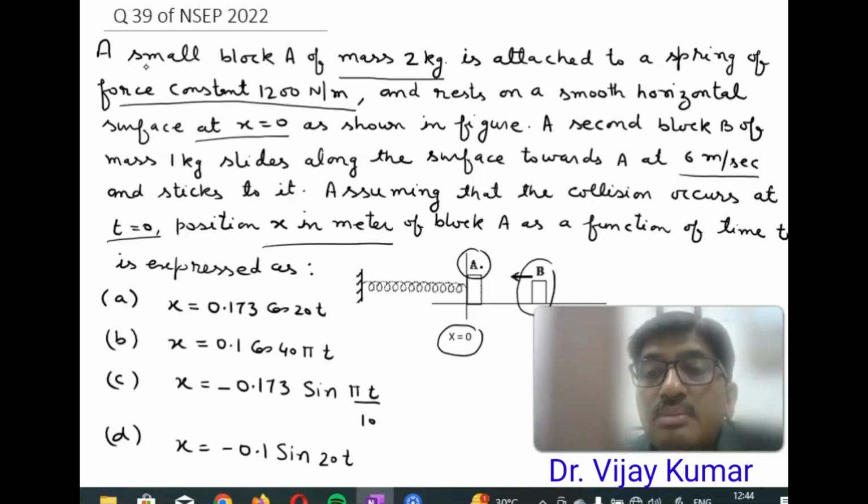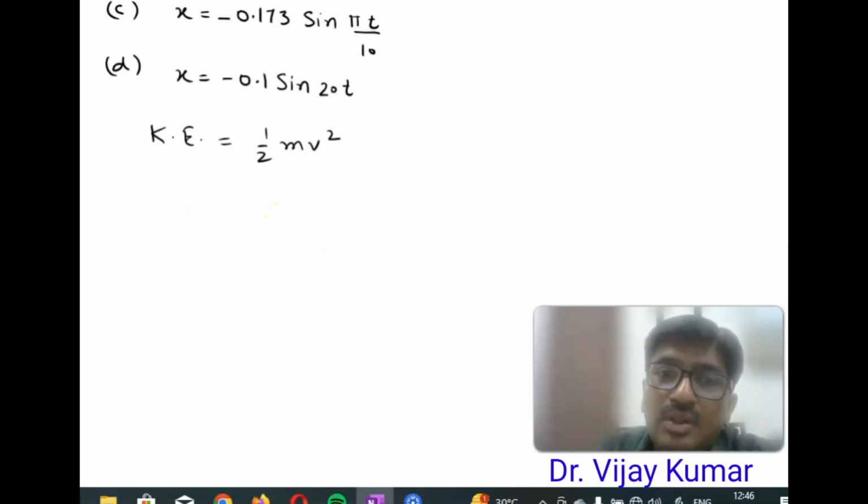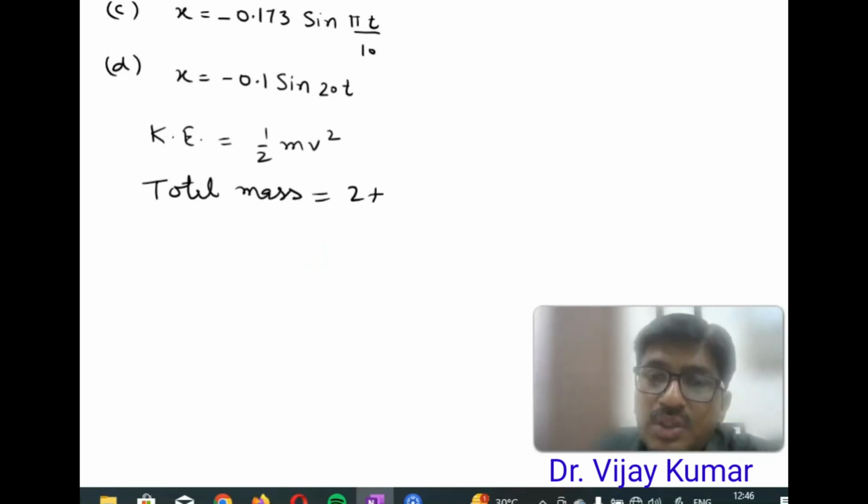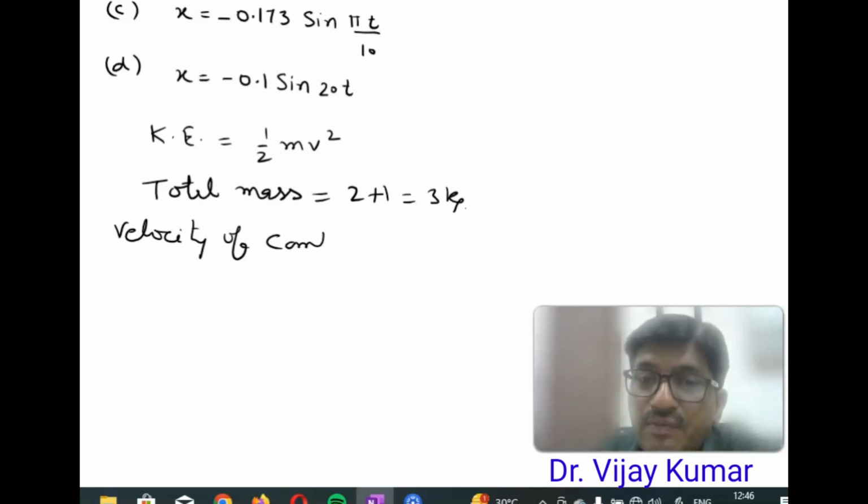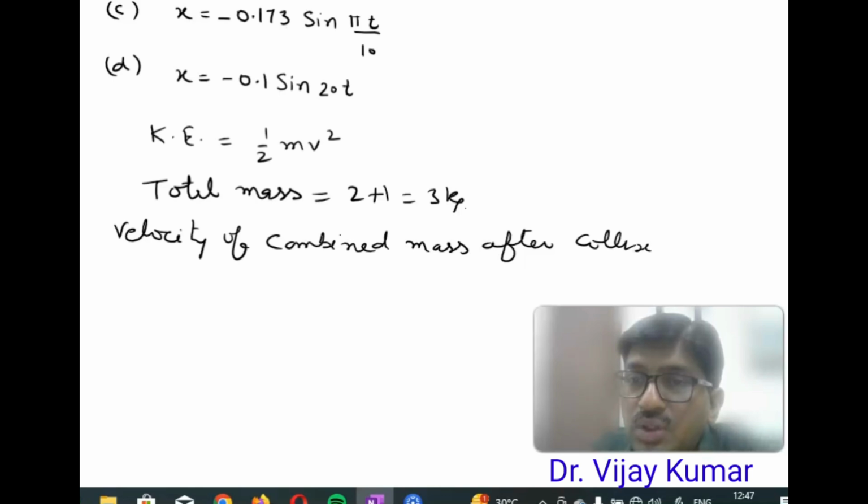Mass is 2 kg and 1 kg, so the total mass of the system becomes 2 plus 1, 3 kg, and the velocity of the combined mass after collision is 2 meter per second.